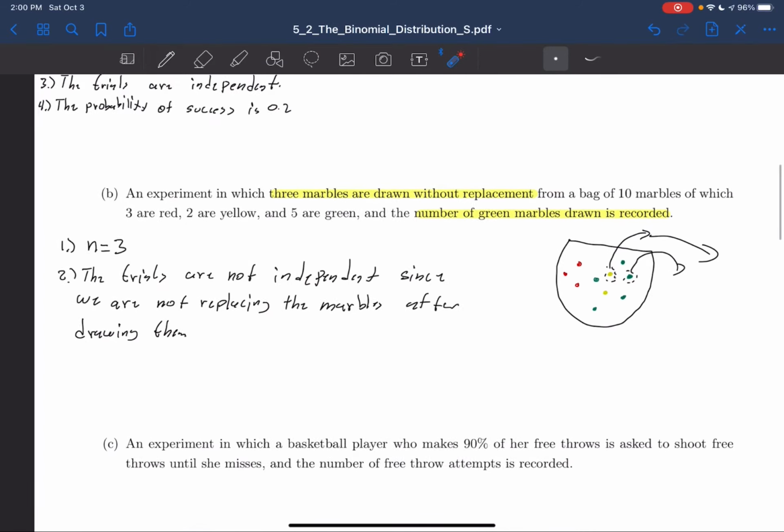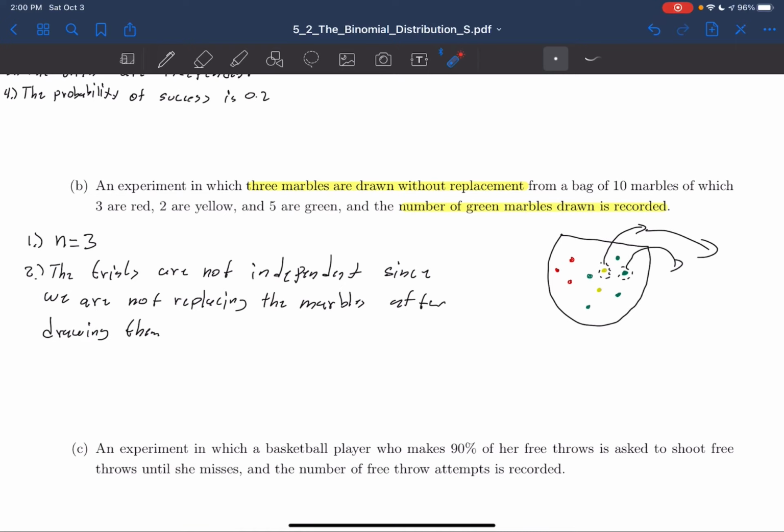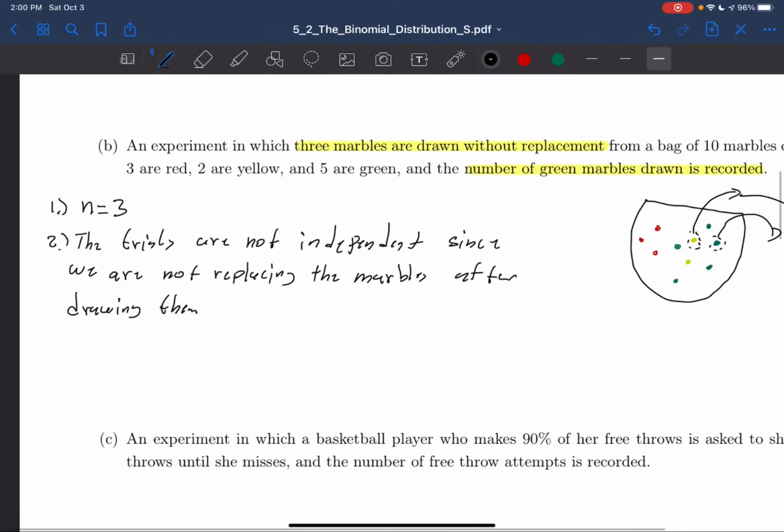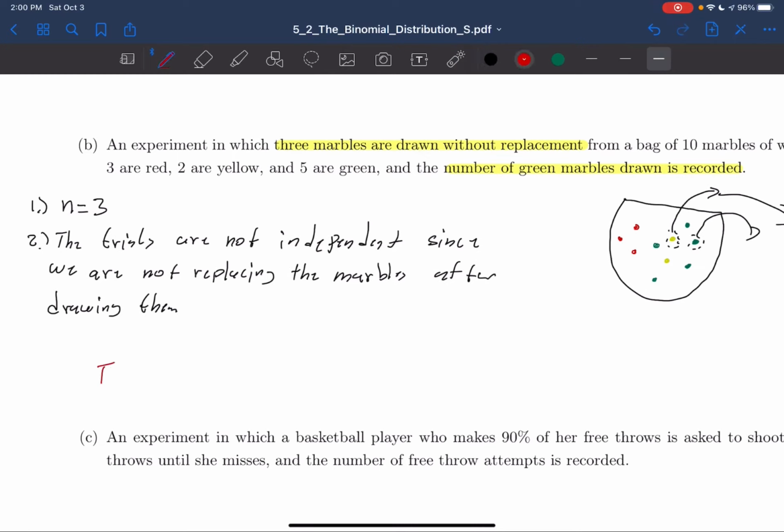So they are not independent of one another. Since they're not independent, we can conclude, thus, this is not a binomial experiment.